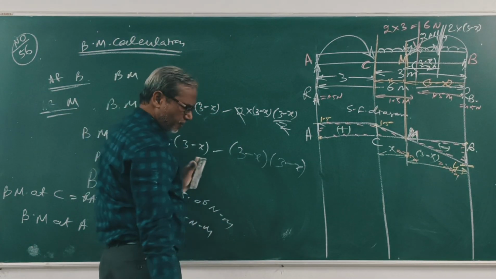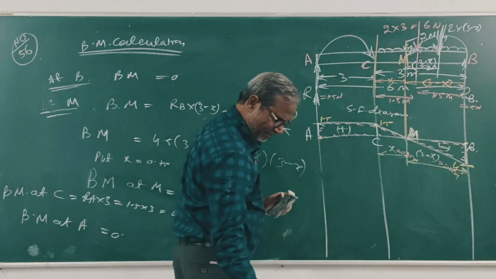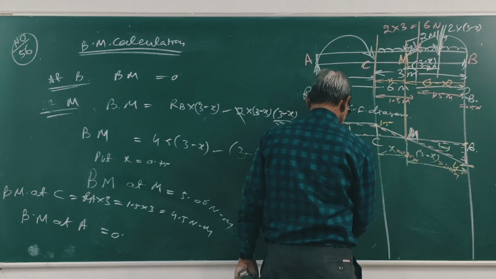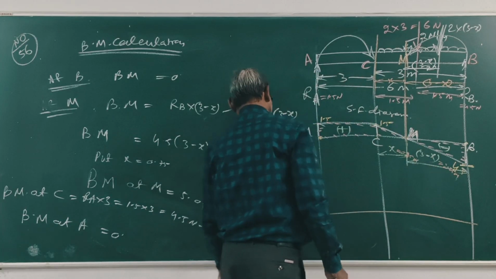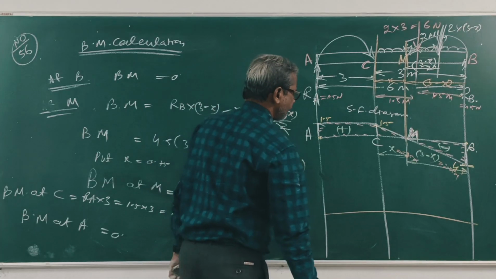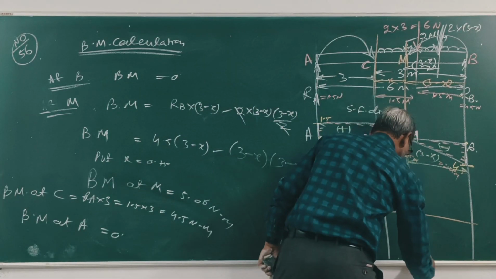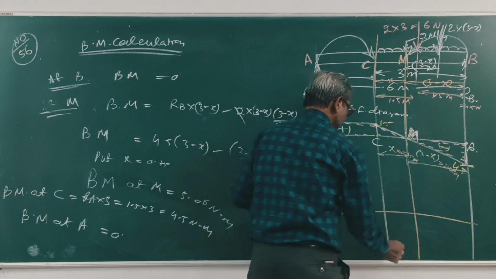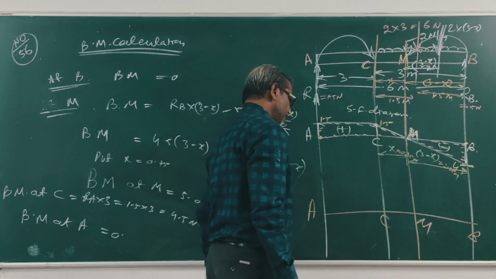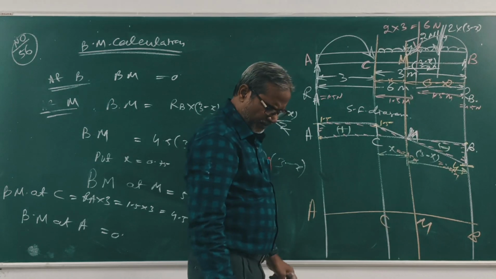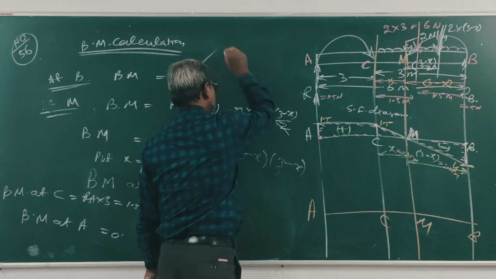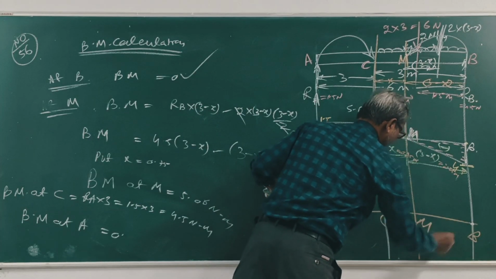Now draw the diagram. All are positive, so all values are drawn above the baseline. A, B, C, M. Clear? At B, 0.